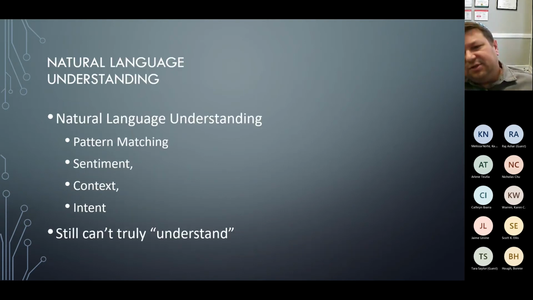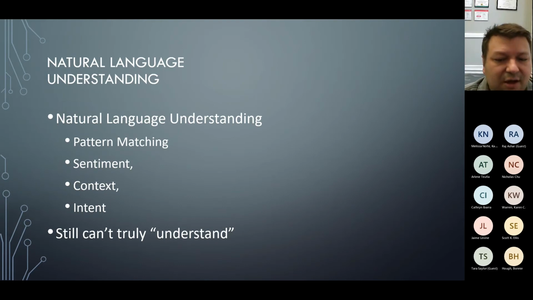And what natural language understanding is, this is your pattern matching, sentiment analysis, context, intent analysis. It still can't truly understand, in the philosophical sense of what it means to understand something. A computer system never really can understand what a gentle summer breeze feels like, right?